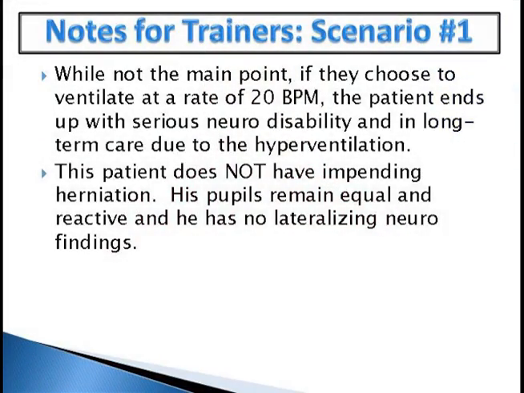Okay, so these are other notes for you for scenario 1. If your provider chooses to ventilate at 20 breaths per minute, which hopefully they don't, the patient ends up with a serious neurologic disability and they don't get their EPIC provider card. This patient does not have impending herniation. His pupils remain equal and reactive, and he has no lateralizing neurologic findings.